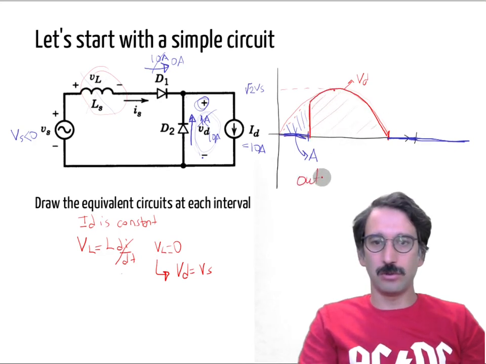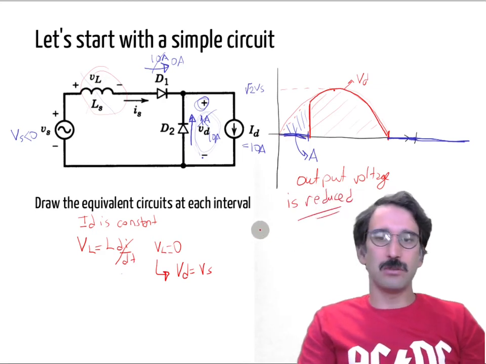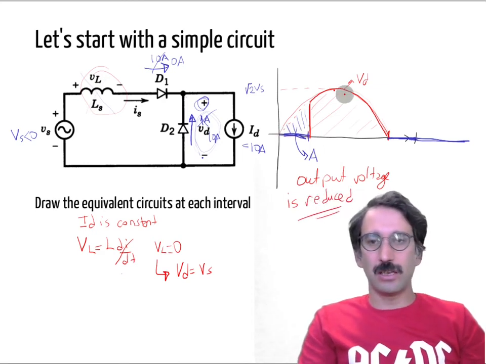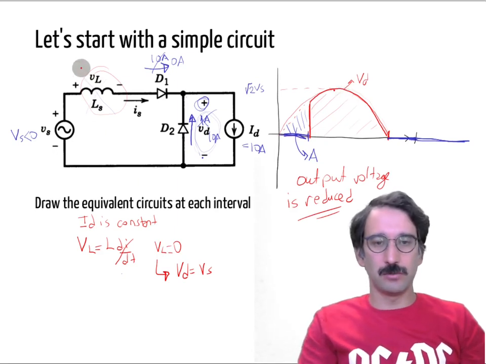So commutation is always a factor trying to reduce my output voltage.